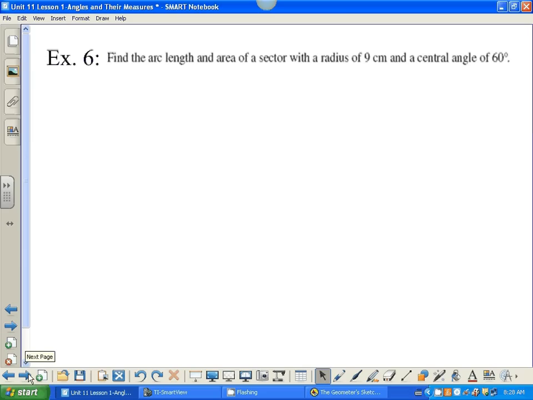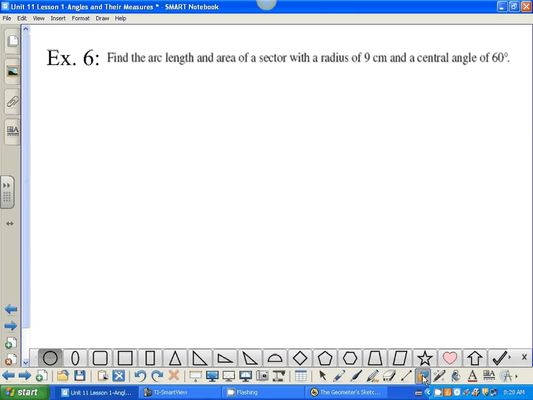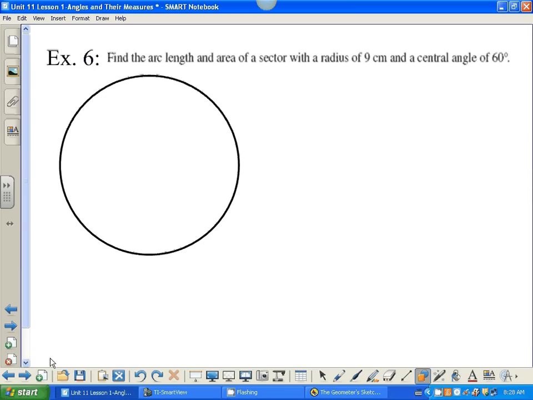Again, this is something from geometry. So if you want to find the arc length and area of a sector with a radius of 9 centimeters and a central angle of 60 degrees, for those of you that need to see the picture, we're talking about a circle, all right? And we have a radius of 9, and we have a central angle that is 60 degrees.